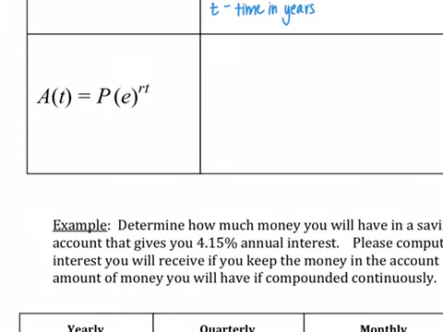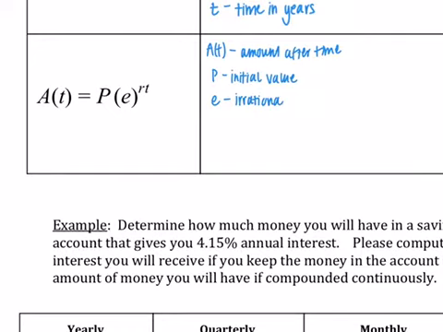Okay, then this last one, A of t, still represents the amount after time. P is the initial amount or value. And then E, in this case, is an irrational base of natural log.